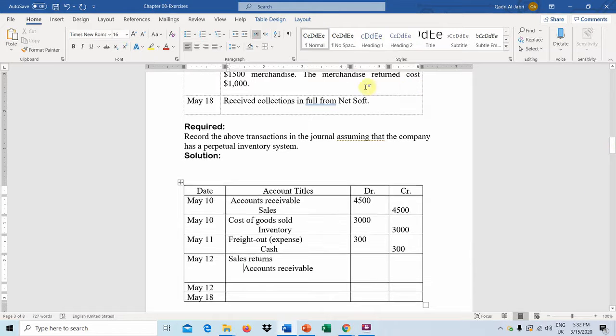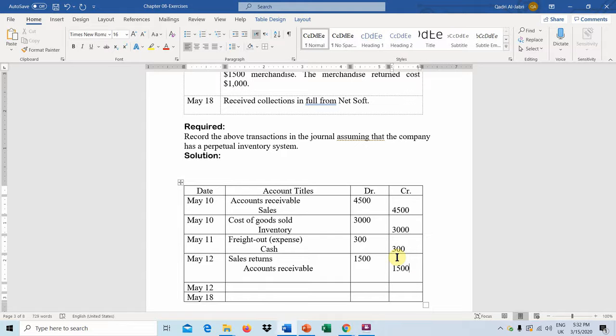So this is the amount that we sold to the customer, 1,500. So I will credit accounts receivable. So the receivable that the customer has to pay will decrease by 1,500 because he returned some of this inventory to the company.